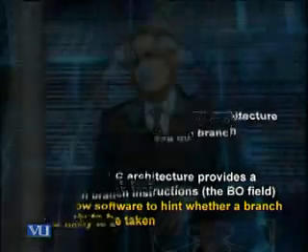Here, rather than delaying the instruction processing until the condition is known, 750 uses the instruction encoding to predict whether the branch is likely to be taken, and it begins fetching and execution along the path.